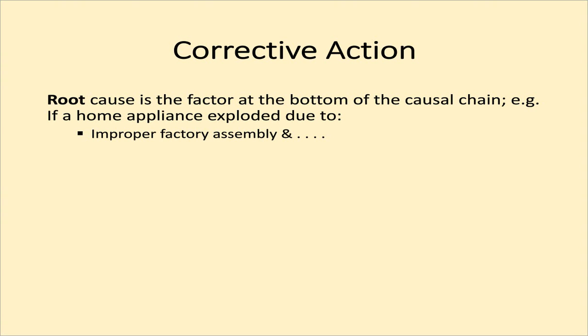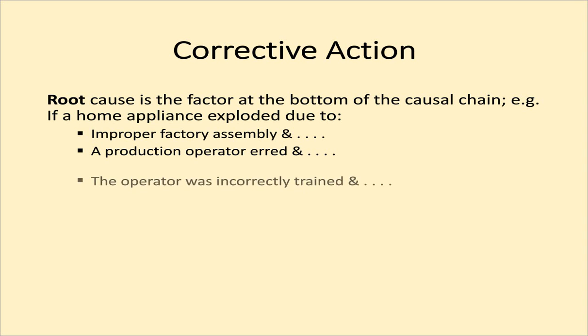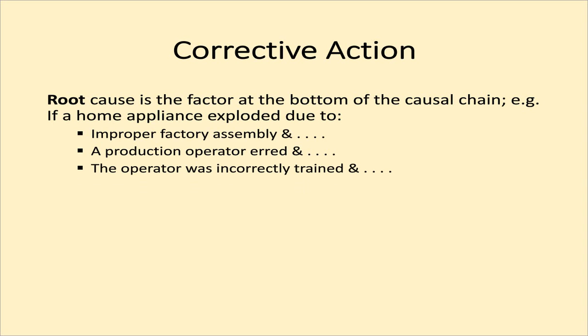So let's take another hypothetical example. The home appliance exploded due to improper factory assembly, and we find that a production operator made a mistake that caused the incorrect assembly. And we find that the operator was incorrectly trained, and we find that the training material was improper.